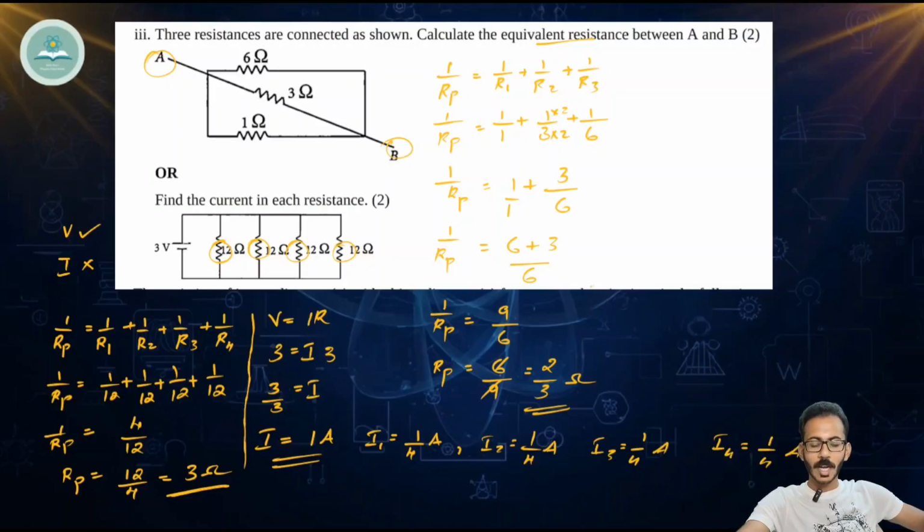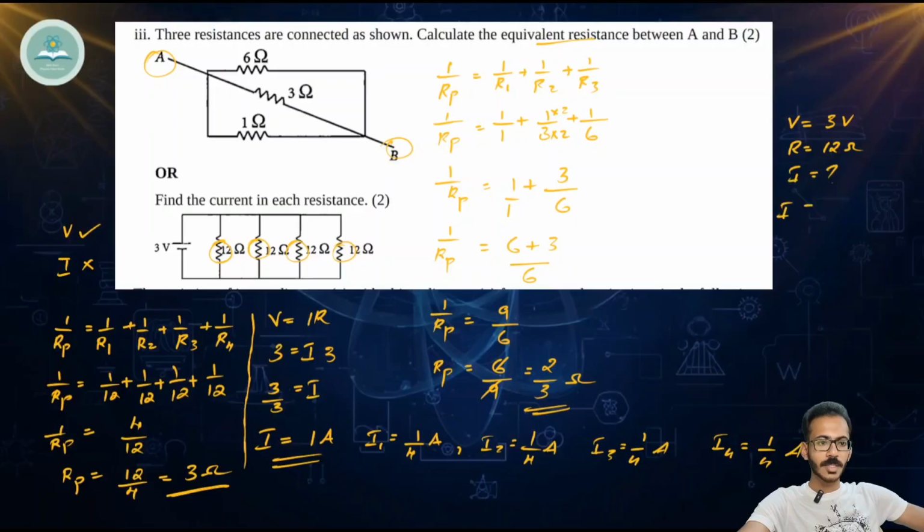Either we can do it in this way, or taking each one also, we'll be able to see. I'll do one and show. Just consider the first resistor. There, the potential difference will not change. So V is equal to 3 volt, and the resistance R is equal to 12. Just taking the first resistor, we have to find out the current.